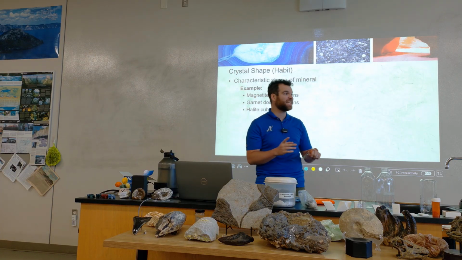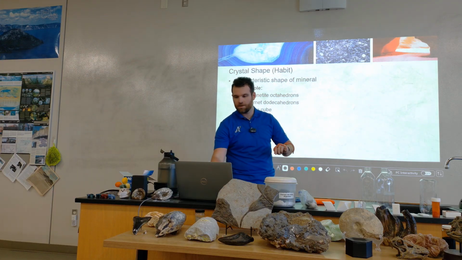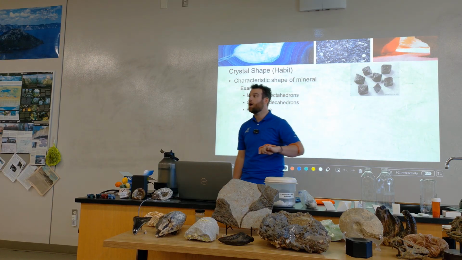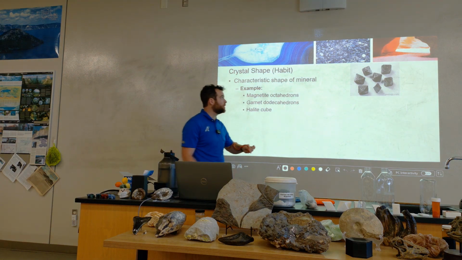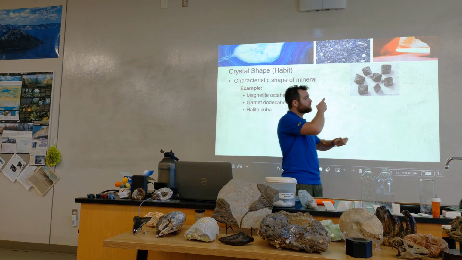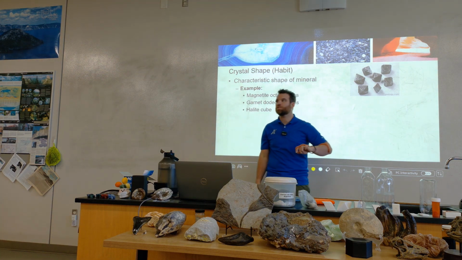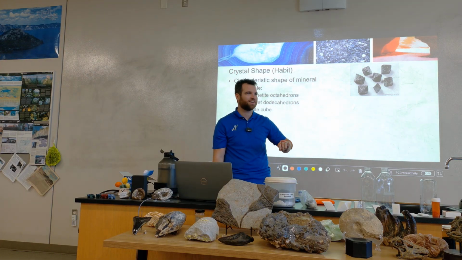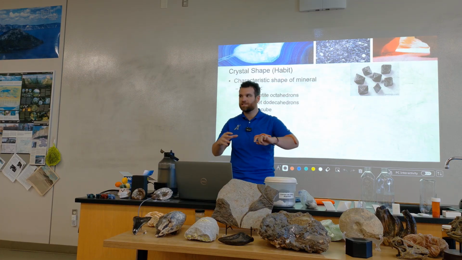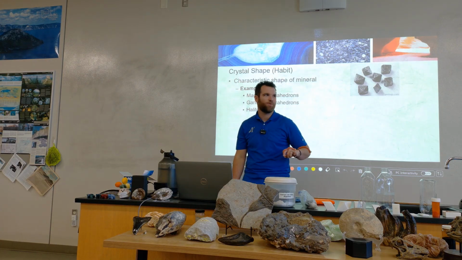And eventually, you're going to get something visible enough to see. For example, you might end up with octahedrons. These magnetite pieces are in naturally occurring octahedral shapes. Why? Because that's what the internal atomic structure looks like.